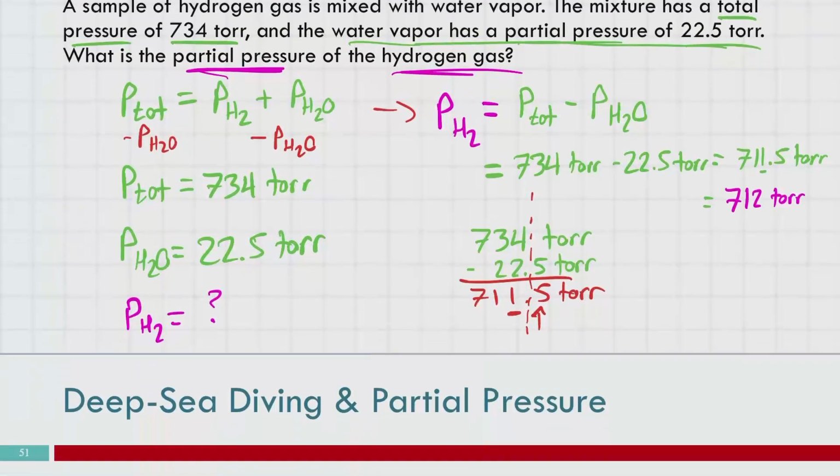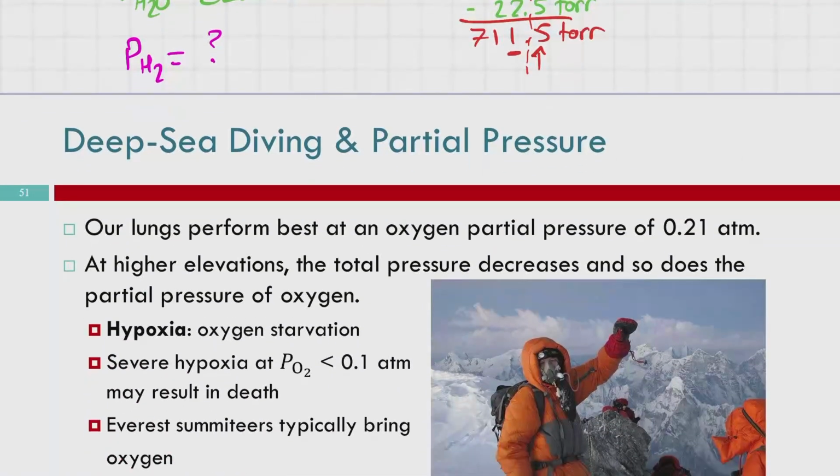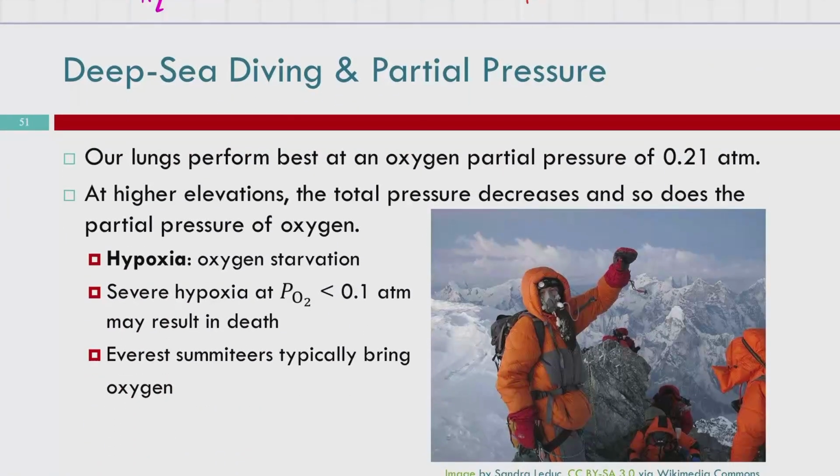We're cruising. Our lungs perform best at an oxygen partial pressure of around 0.21 atmospheres, which is around 21% at 1 atmosphere. Basically just means that our lungs work really well when we're at about sea level.